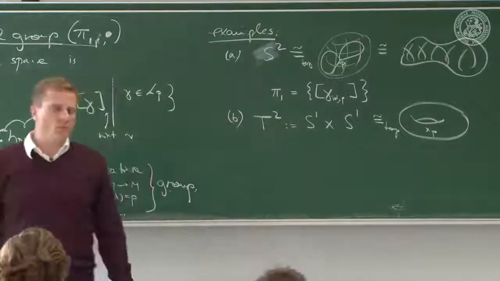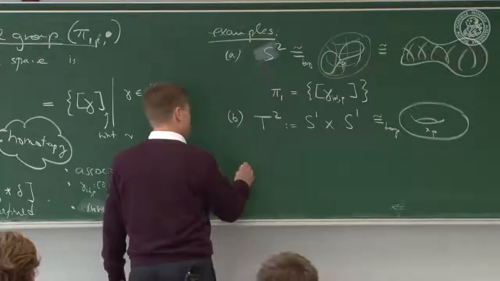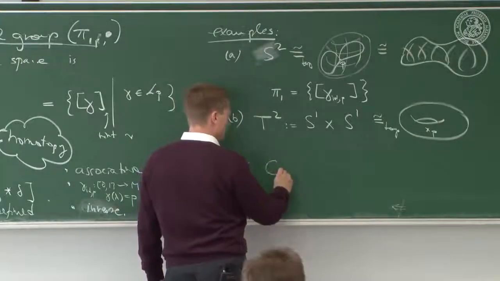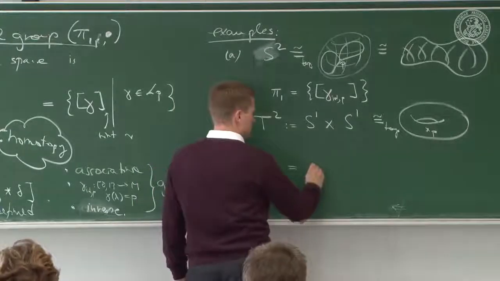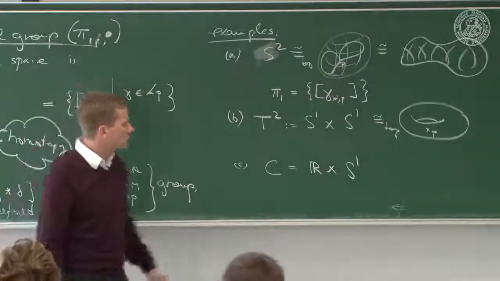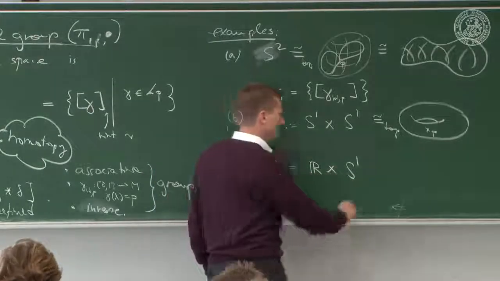So now here we have the torus, and now I start at a point P. Now, how many different... Well, maybe we should have first started with example C. We come back to B, and we take the cylinder. And the cylinder is just the product of the real line with the circle. Now, the circle we already had as a topological space. The real line, we equip it with the product topology.